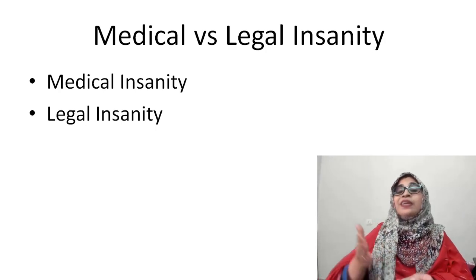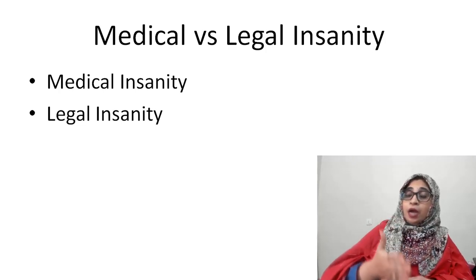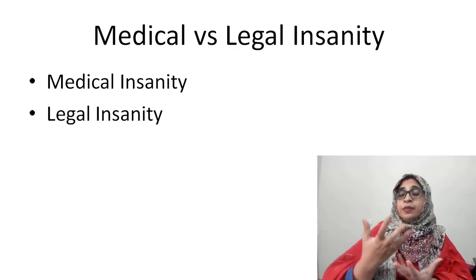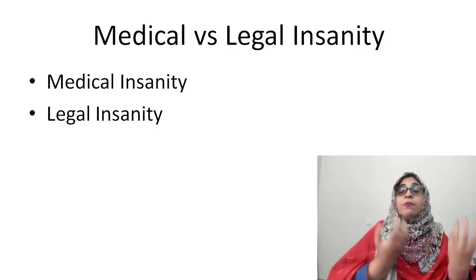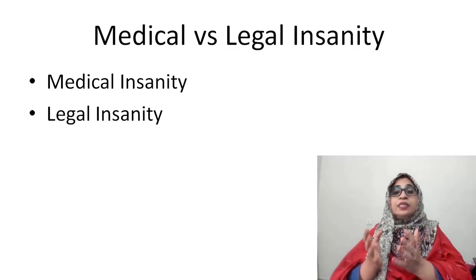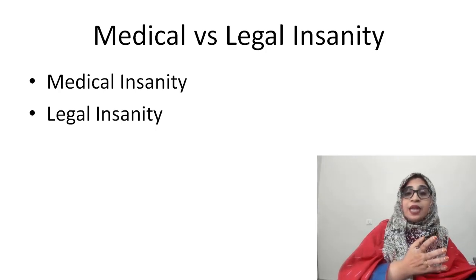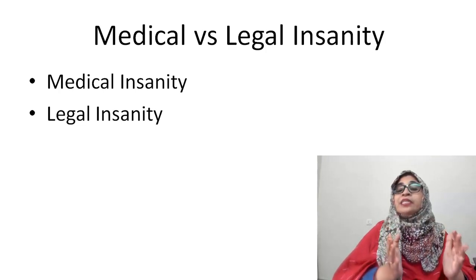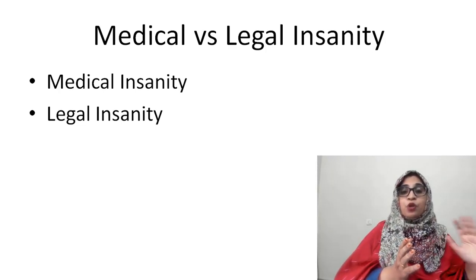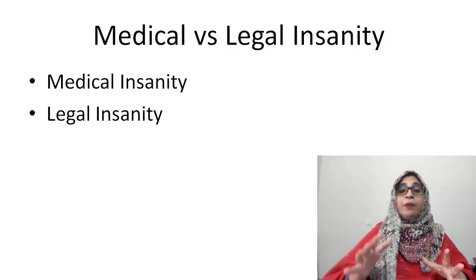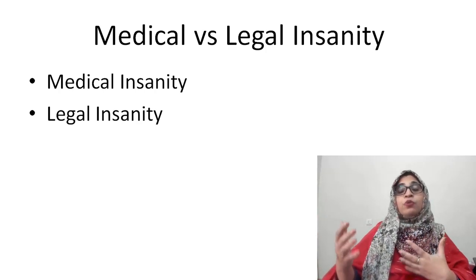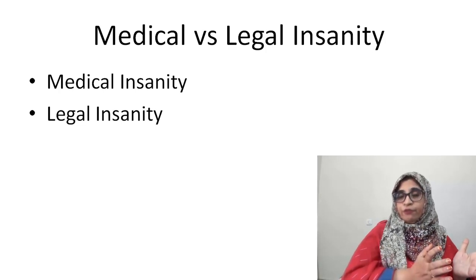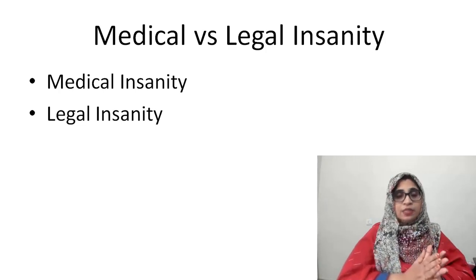In the sense that the jury asks questions to the accused, and as per the answers given by the accused, the jury can decide whether the person understood the act or not. Only then will they decide whether it goes to the general exception or not. These various rules framed in the McNaughton case were the ones framed in Section 84 of the Indian Penal Code, that is, insanity.